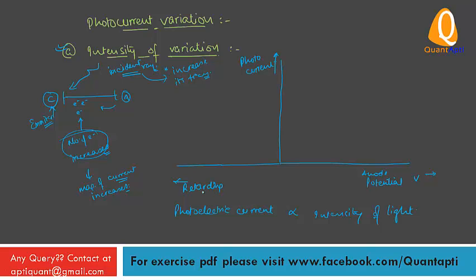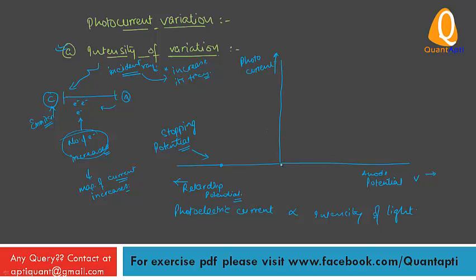As I was saying, if the potential becomes negative enough, we call it the stopping potential or cutoff potential, and then the current becomes zero. At a certain potential, the maximum negative potential at which the current is zero is known as the stopping potential. The definition of stopping potential is the maximum negative potential at which the photocurrent is equal to zero.